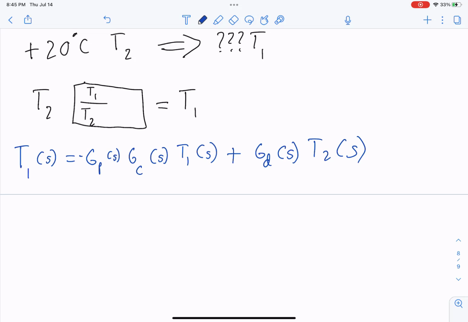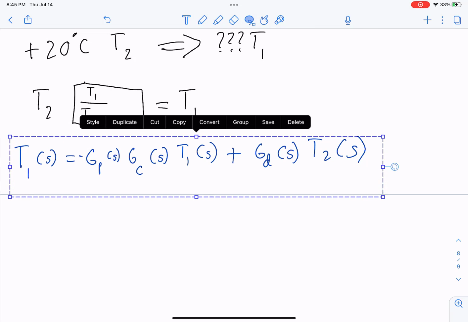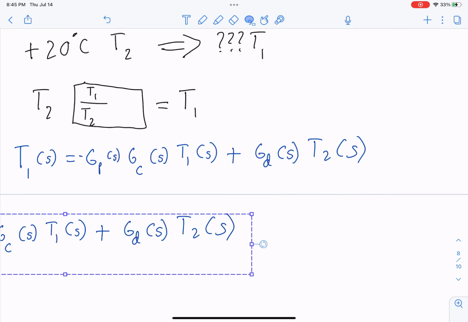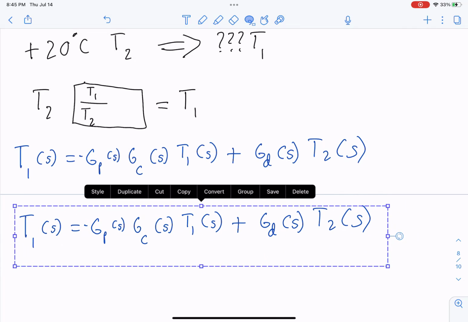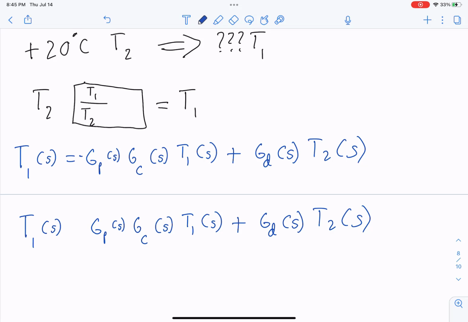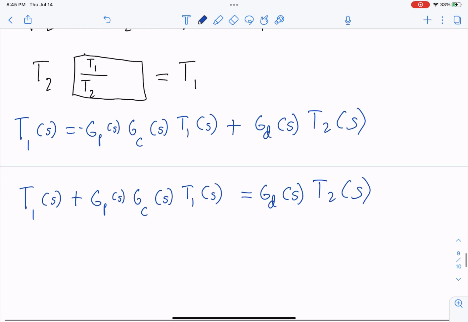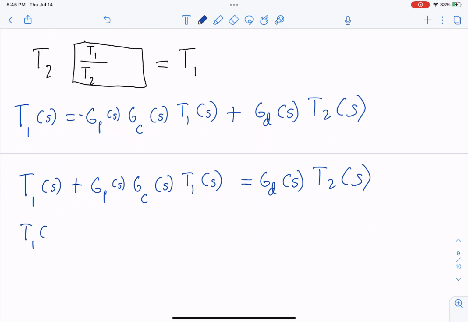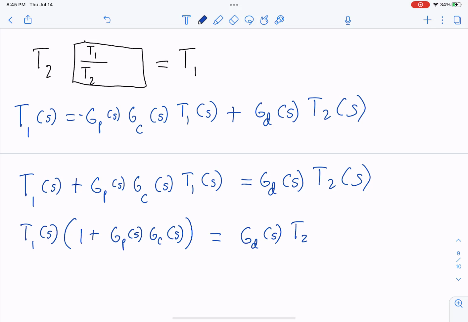Now, if we want to get this in terms of T1, the best way to do that I can think of is to take all of it, and so I'm just going to go ahead and copy, paste. We're going to add it over. So then T1S multiplied by 1 plus GPS GCS is equal to GDS T2.